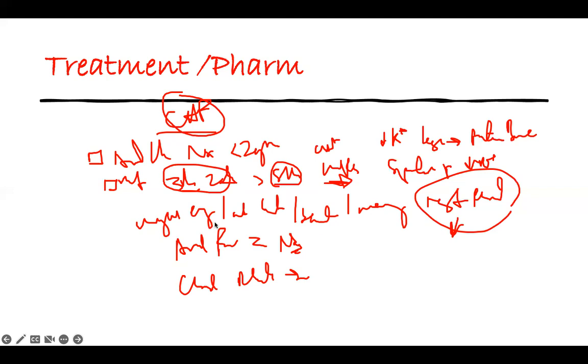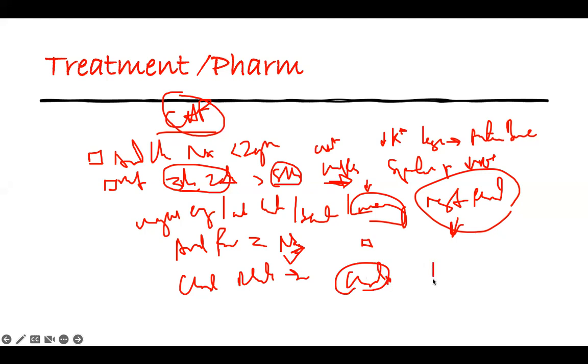And weigh themselves at the same time, same scale, same clothes every day so that they can know if they're retaining fluid. They should be compliant with their medication and avoid potassium if they're taking spironolactone and take potassium if they're taking Lasix. Cardiac rehabilitation to improve their function.